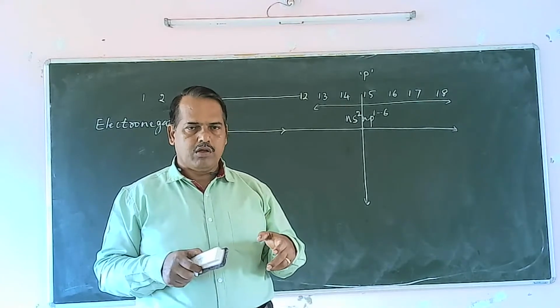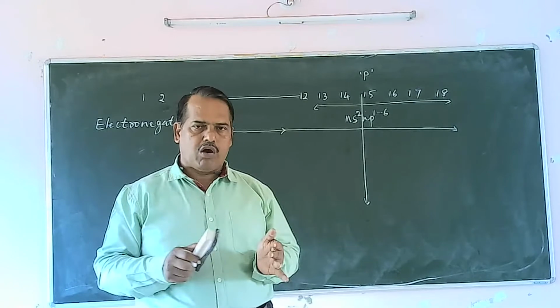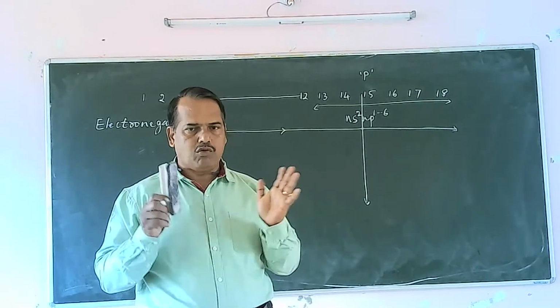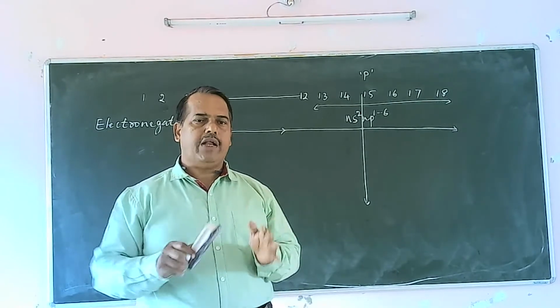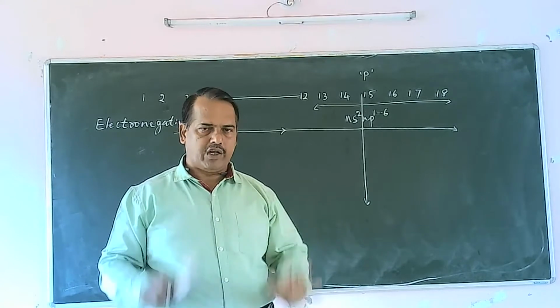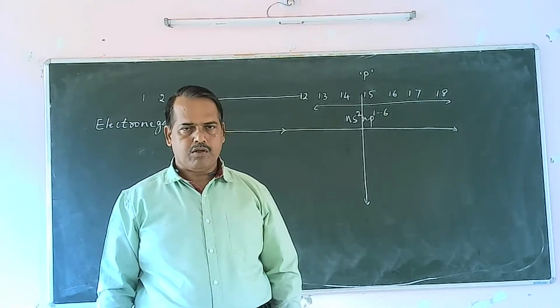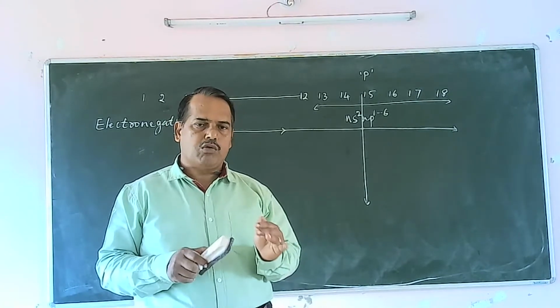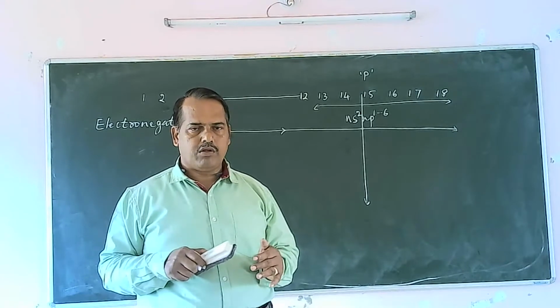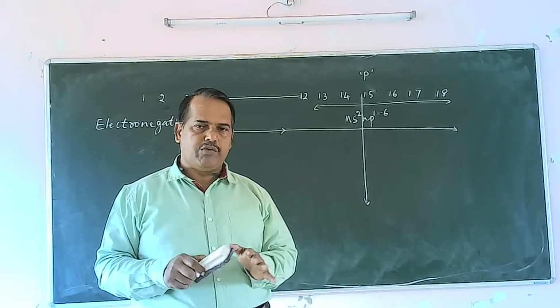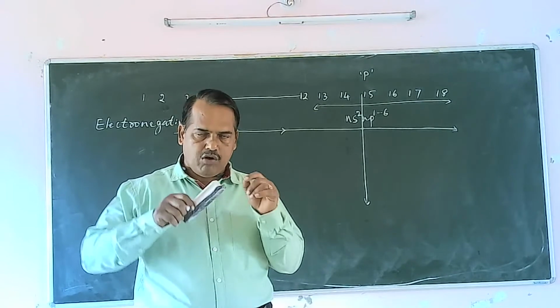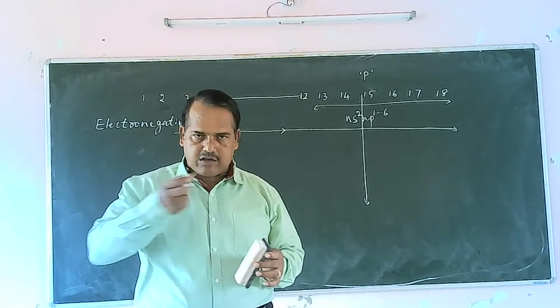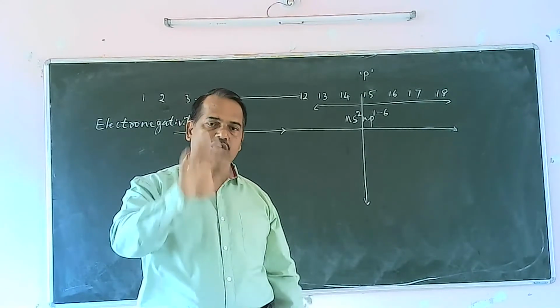When a compound is formed by two atoms, both atoms have certain electronegativities. So electronegativity is the tendency of an atom to attract the shared pair of electrons towards it.